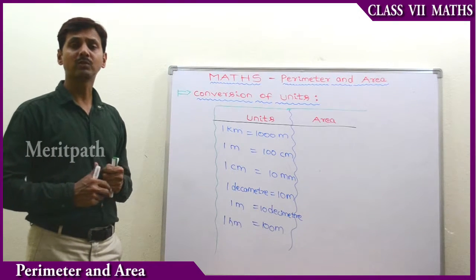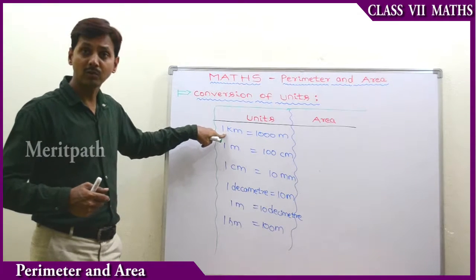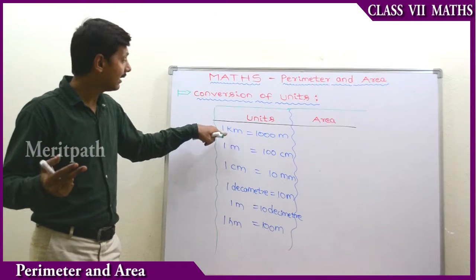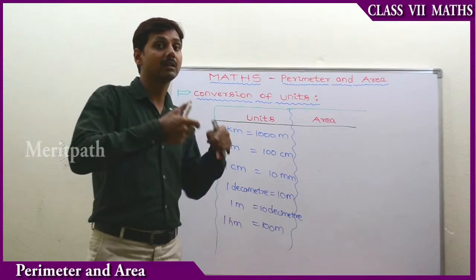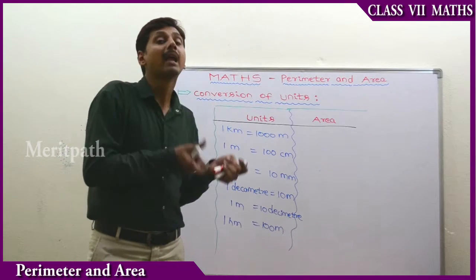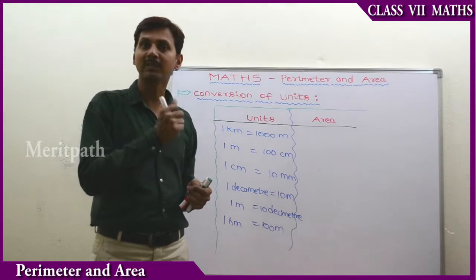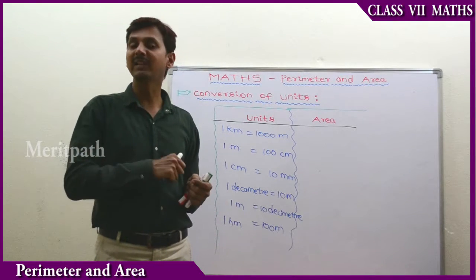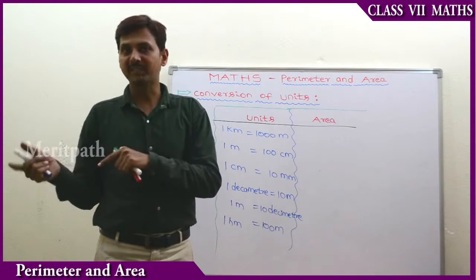So let's find out the area. It has 2 dimensions, as we have discussed. If length and breadth are both in kilometers, kilometer into kilometer gives kilometer square. If length and breadth are in meters, meter into meter gives meter square.